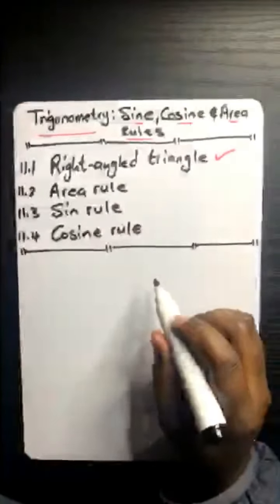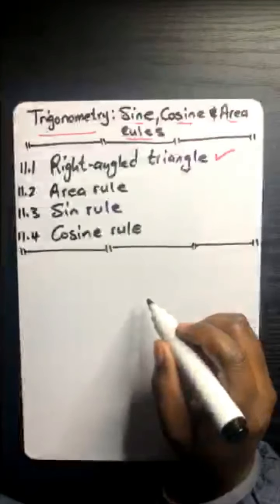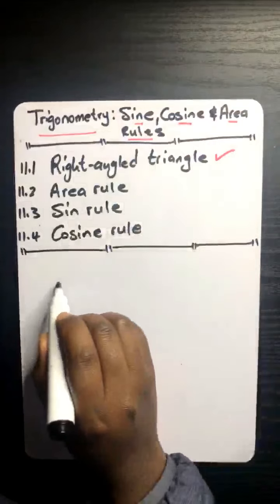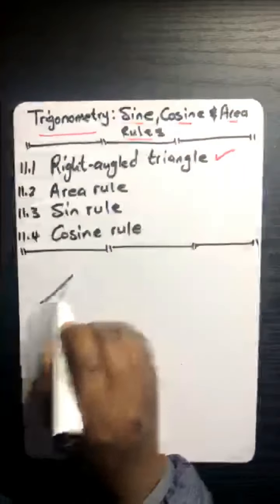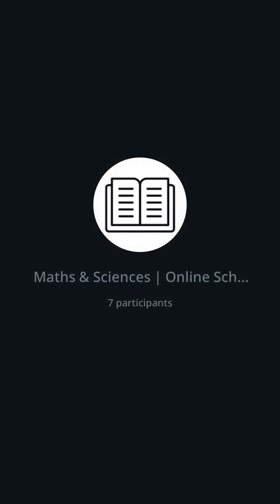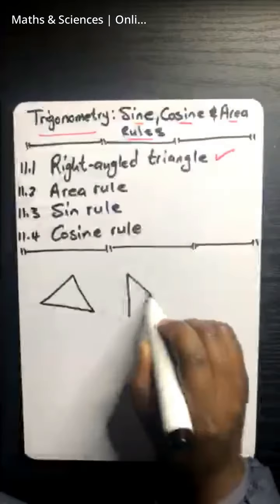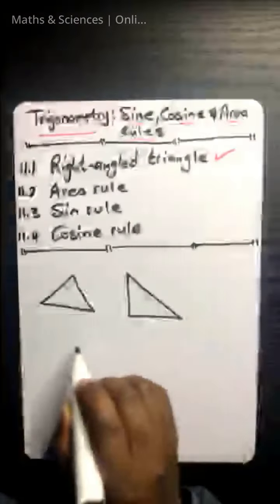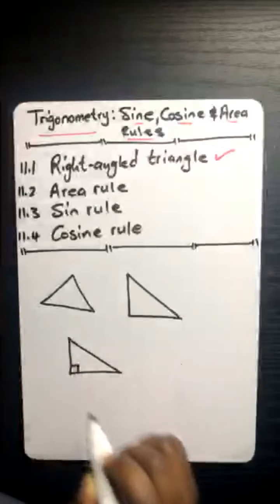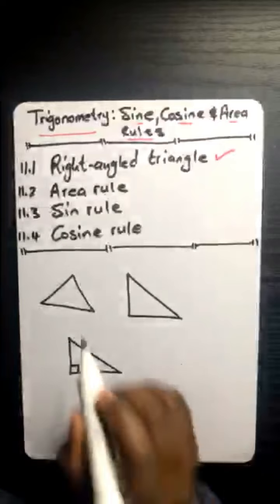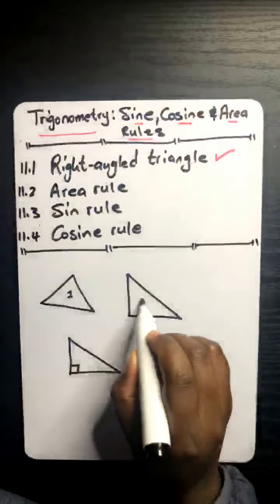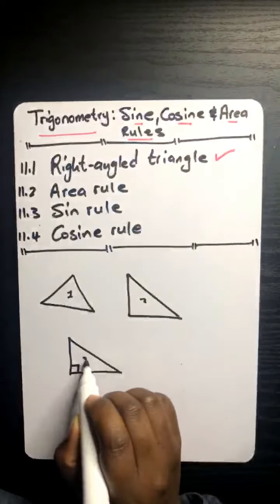Remember, guys, the whole of last month I've been talking about triangles, taking you through the importance of interpreting and noticing a triangle. There we've got triangle number 1, triangle number 2, triangle number 3.